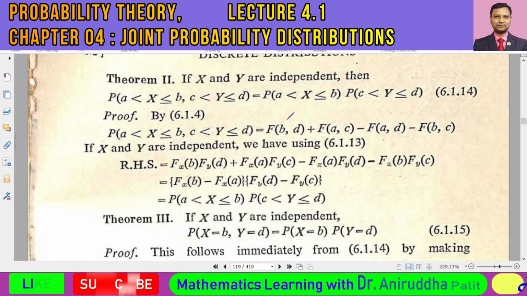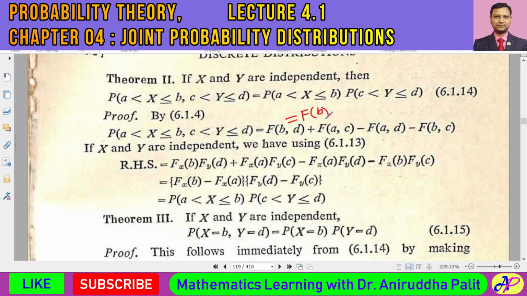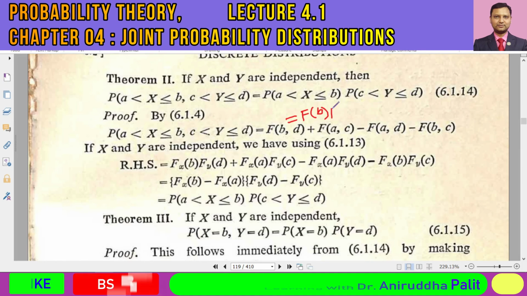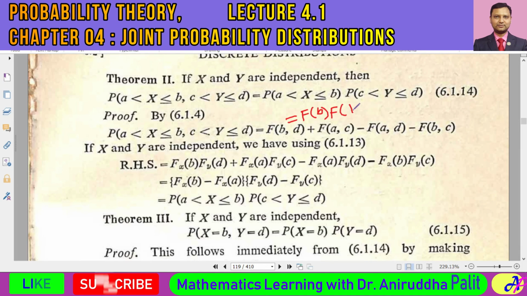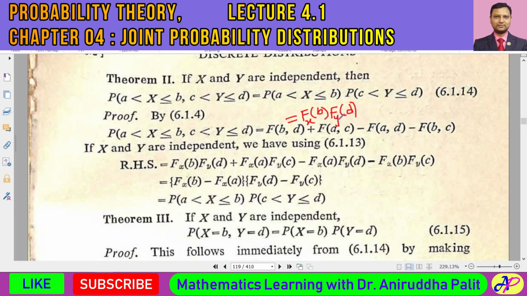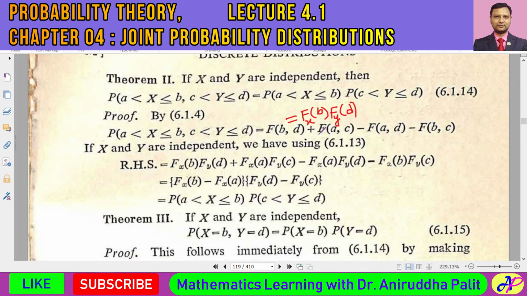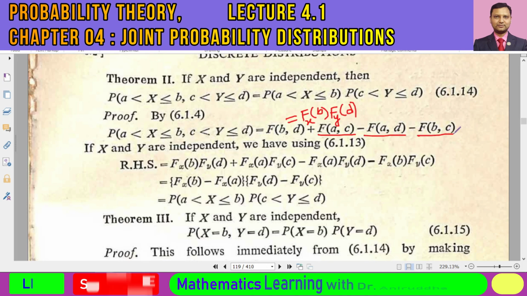Now this f of b comma d, in the case of independent random variables, can be written as f of b multiplied by f of d. But over here, this would be F_X and this would be F_Y, the marginal distribution functions. Similarly, all the terms can be factorized in this way.